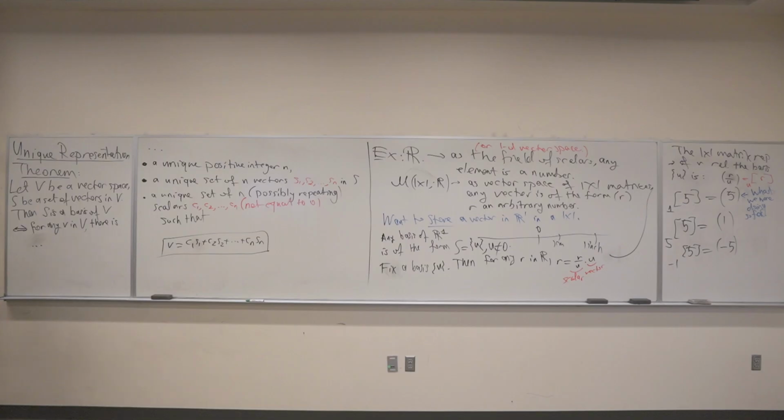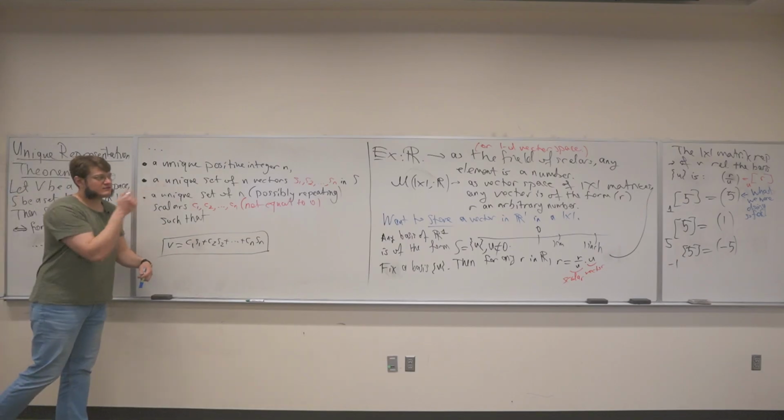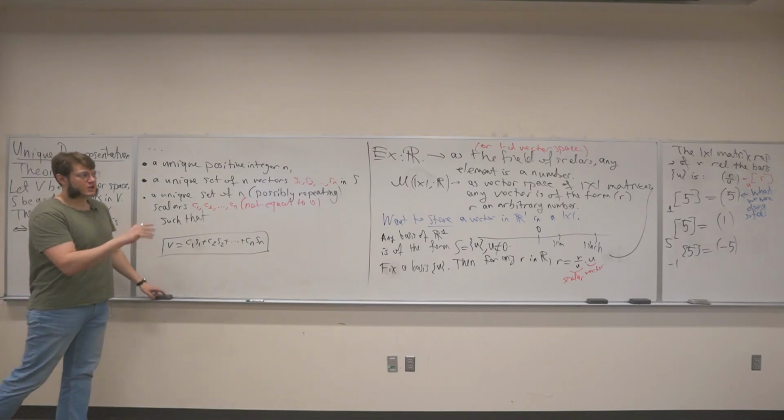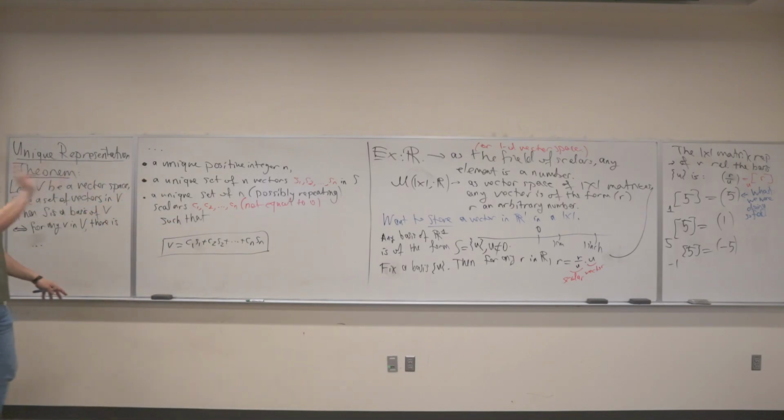Just because you tint the windows on your car doesn't make the outside any different. It's just that things look different. So the basis is how you perceive things, and what things are is something beyond that you don't really have control over. Okay, let's keep going.